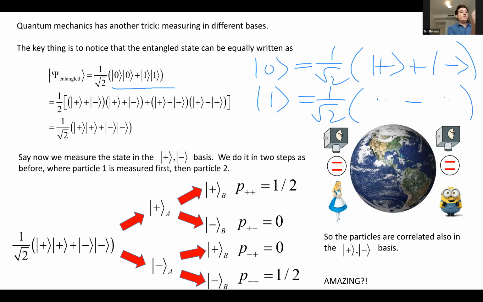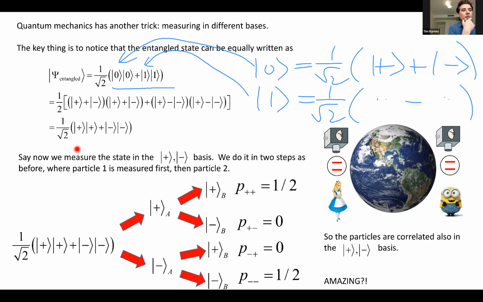So if you just substitute these things into the formula, and then perform an expansion, what you're going to see is in this expansion, this plus plus combination over here will also have a plus sign. So there'll be two terms which are plus plus, right? What's happened to the normalization here?